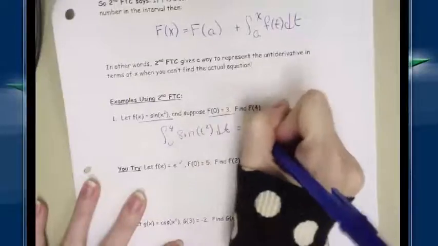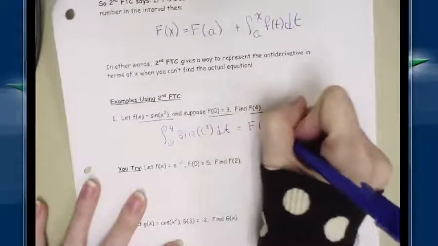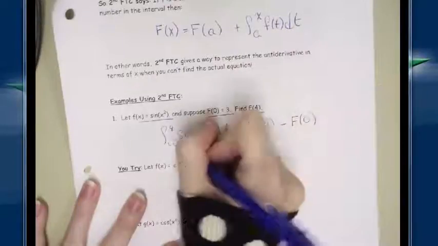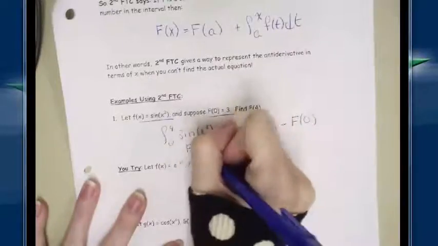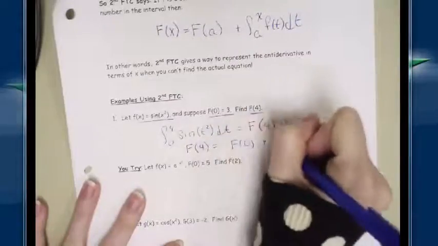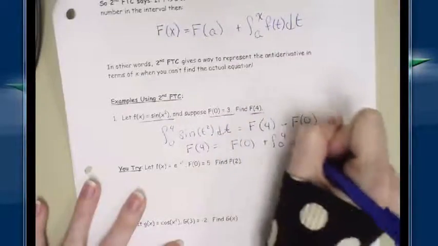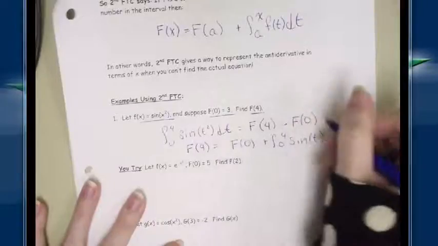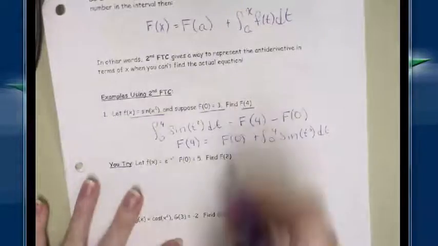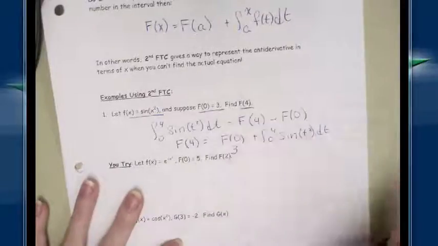I know that that equals F of 4 minus F of 0, so I can move things around, so that looks like F of 4 equals F of 0 plus the integral from 0 to 4 of sine of t squared dt, okay? Now, F of 0 is 3, that plugs in right there.